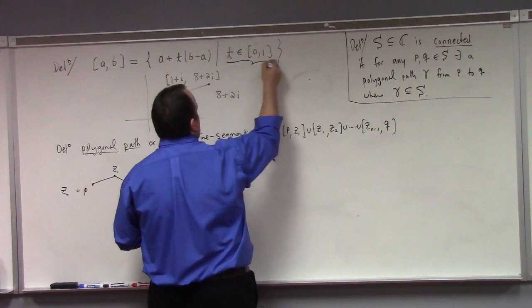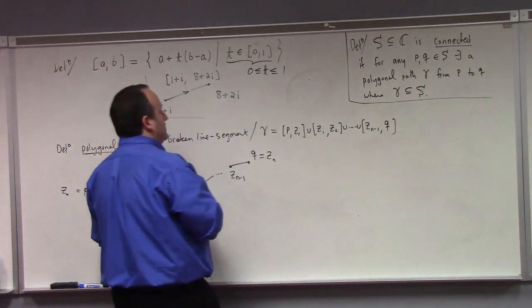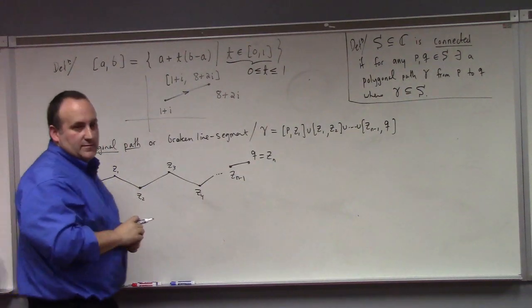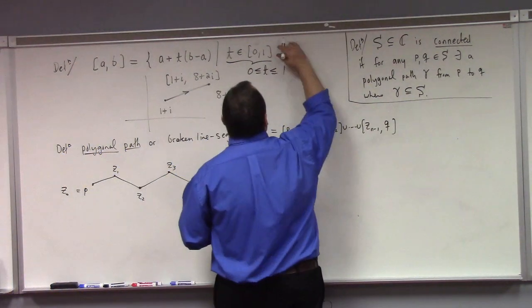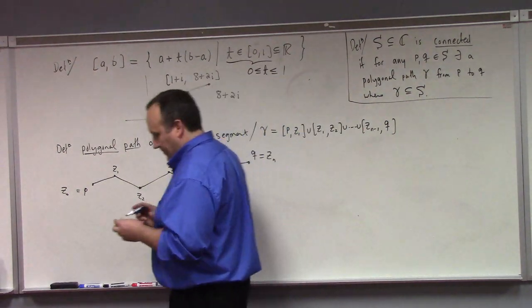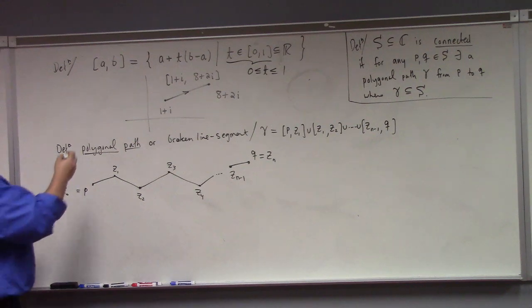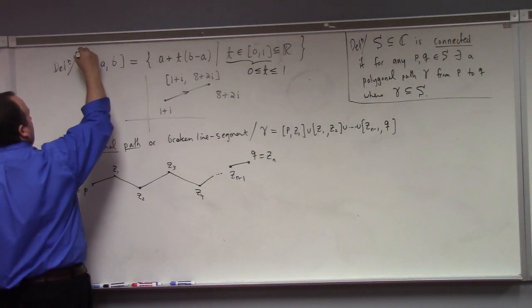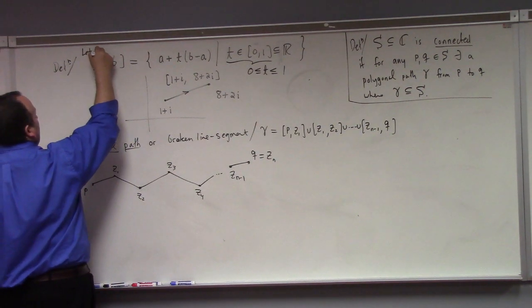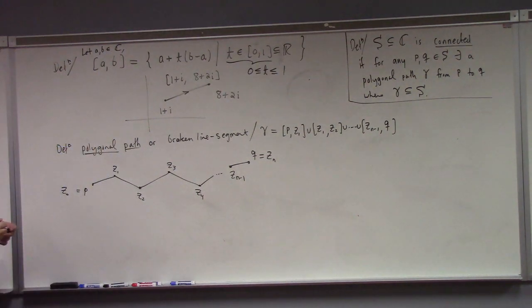If this is troublesome, we could replace it with this. Or if this is bothering you, there you go. Of course, the context here is, let A and B be complex numbers, right? All right, fine.